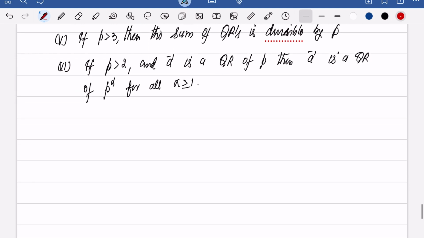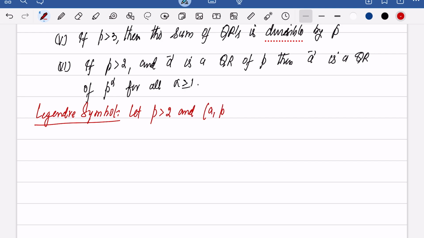Now before taking up exercises on the quadratic residues, we will first define the Legendre symbol. Let p be an integer greater than 2 and a relatively prime with p.